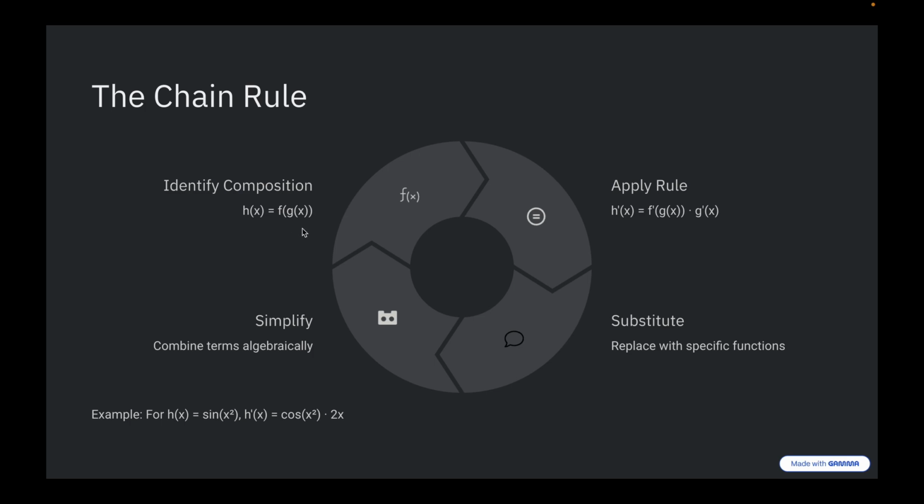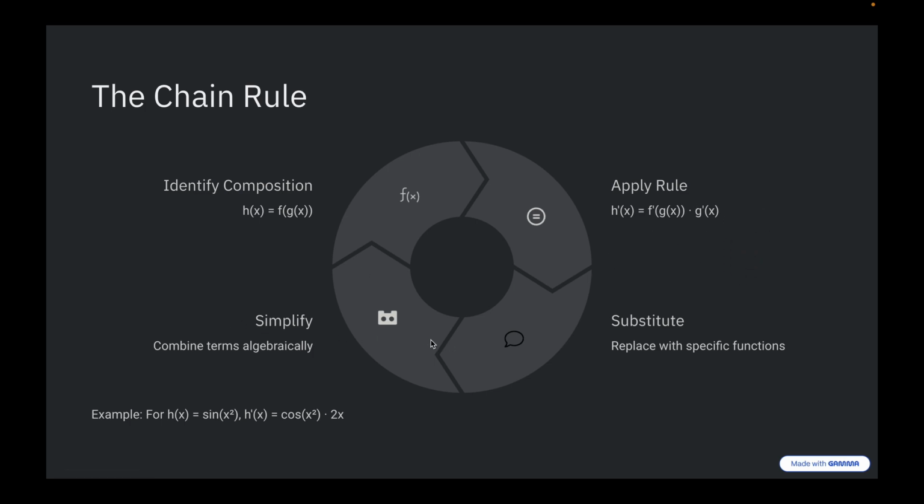So let's say instead of x squared we have x minus 1 squared. So f of x would be equal to x squared, but g of x is equal to x minus 1. So f of g of x, or h of x, is equal to x minus 1 whole squared. Now, the third step in this process is to substitute, which is to replace this general rule with specific functions.